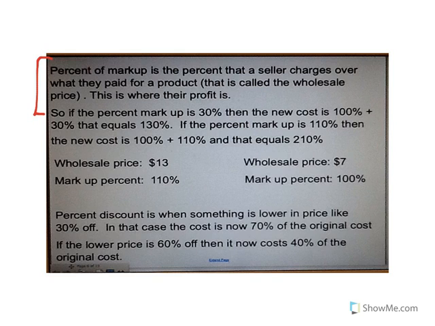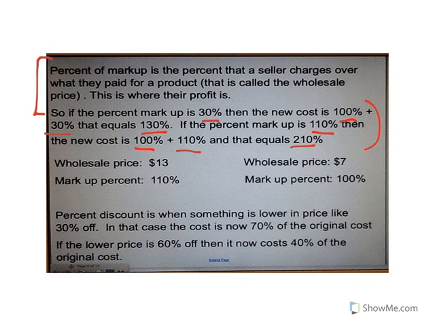So if the percent markup on a product is 30%, the new cost is 100 plus 30%, so it's equal to 130%. If the percent markup is 110%, then the new cost is going to be 100% because that's the original cost, plus, so when that happens, you just add them together. It's going to be 210%.